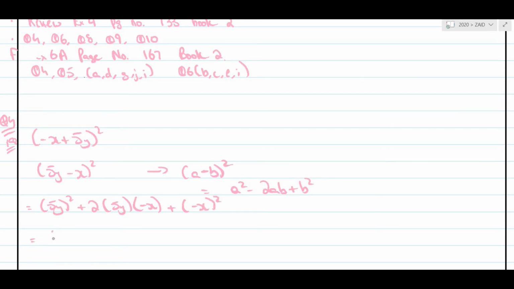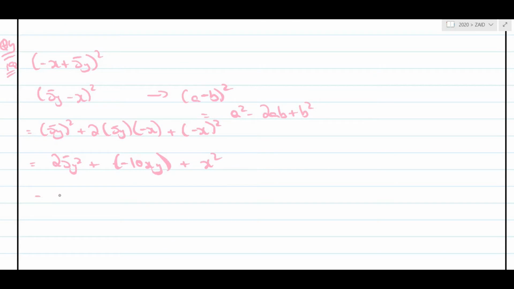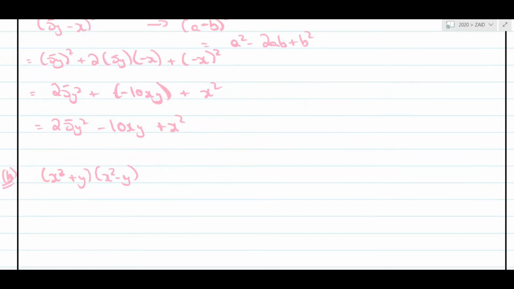Therefore (5y) whole square is equal to 25y square, plus 2 5s are 10, and 2 multiplied by minus x is minus 10xy, plus (-x) whole square is plus x square. Therefore you have expanded this identity and the result is 25y square minus 10xy plus x square.